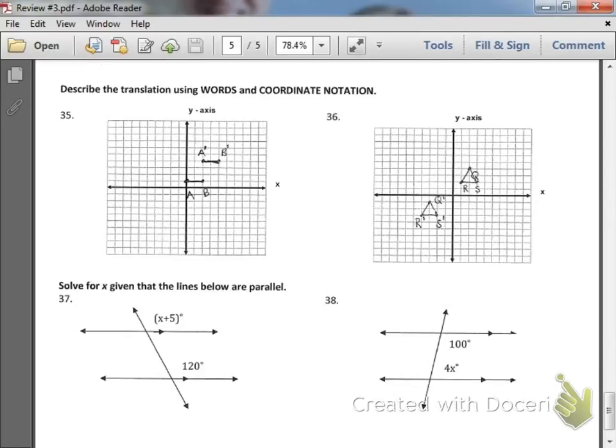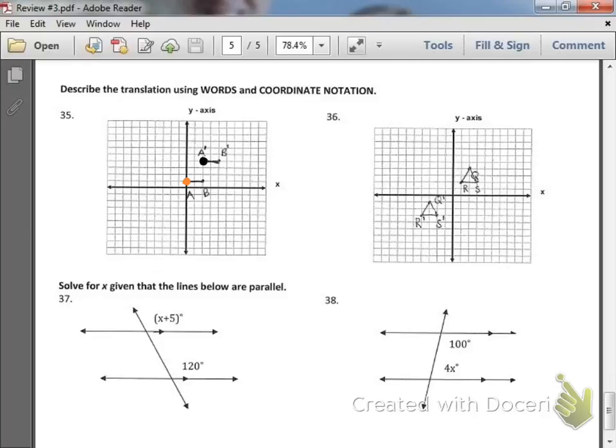Alright, next we're going to look at actually describing these translations. So remember, when you're looking at a translation like the one on number 35, you always start with the one that does not have the prime next to it. That's the original. And then the image is the new one. That's the A prime. So we want to see how we go from the orange dot to the black dot, basically.